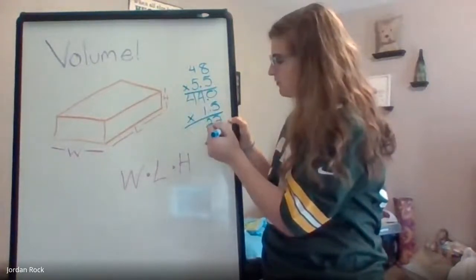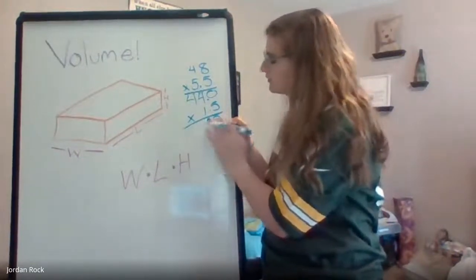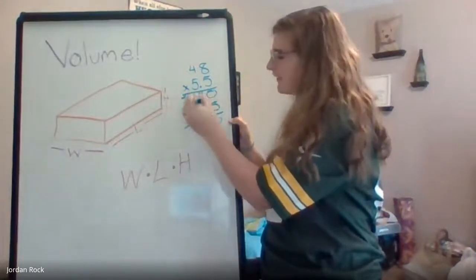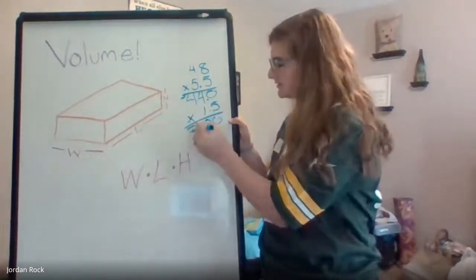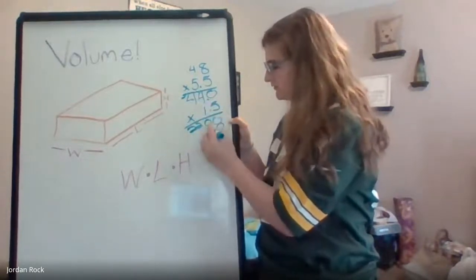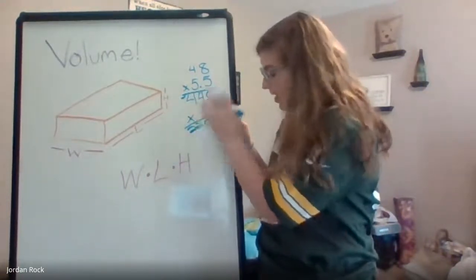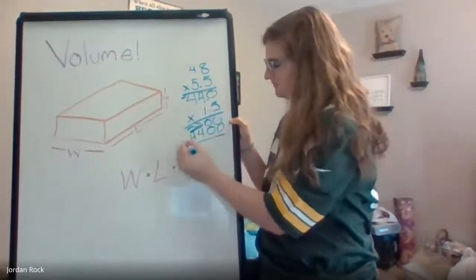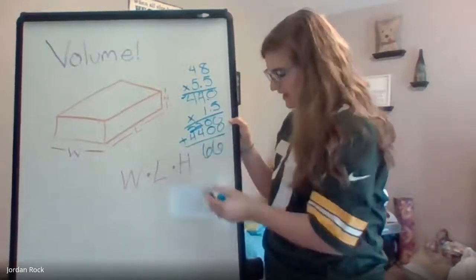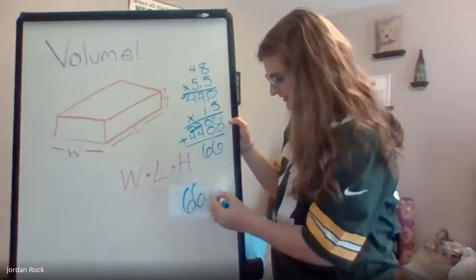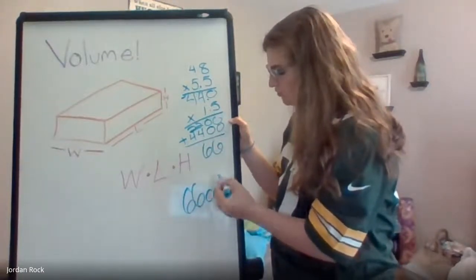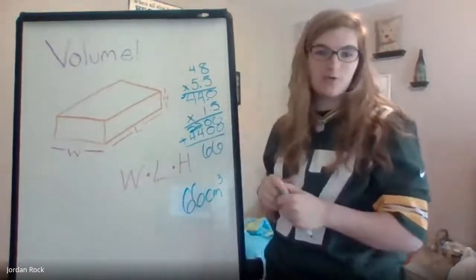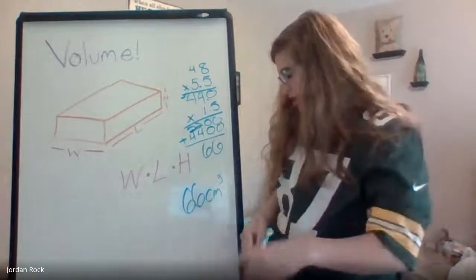I'll do this the right way. 5 times 0 is 0. 5 times 4 is 20, carry the 2. 5 times 4 is 20, plus 2 is 22. 1 times 0 is 0. 1 times 4 is 4. 1 times 4 is 4. 66. So it's going to be 66 centimeters cubed, to the 3rd power, because we're talking 3 dimensions now. So it is 3-dimensional centimeters cubed.